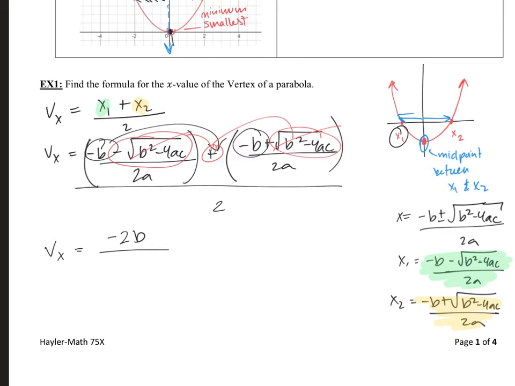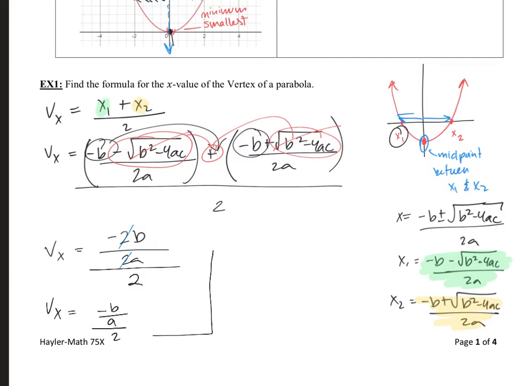That was still all over the 2a value, and then that is still over 2. I'm going to do some simplification. We can divide these 2's, and we are left with v sub x equals negative b over a divided by 2.